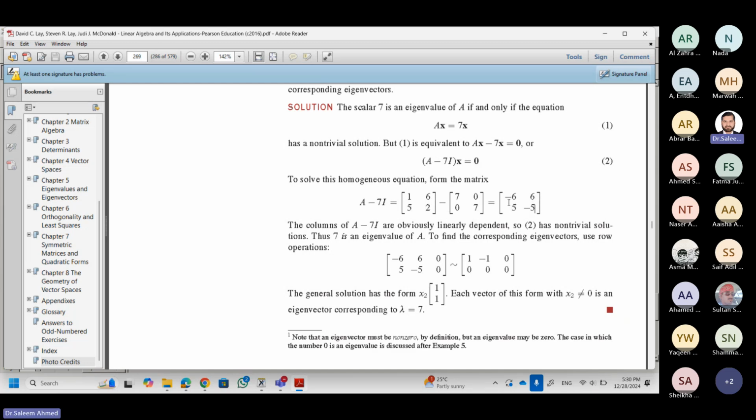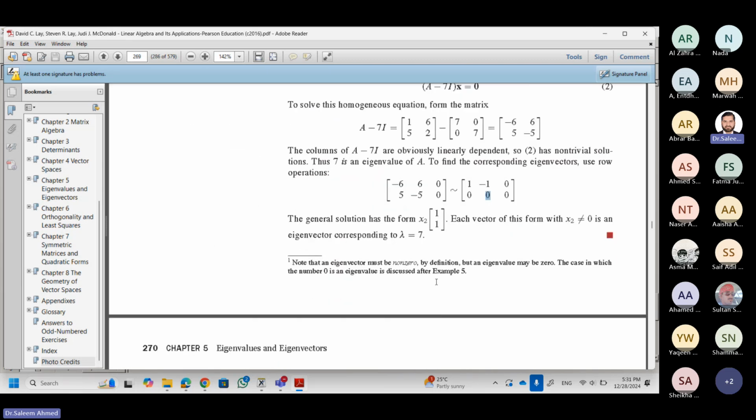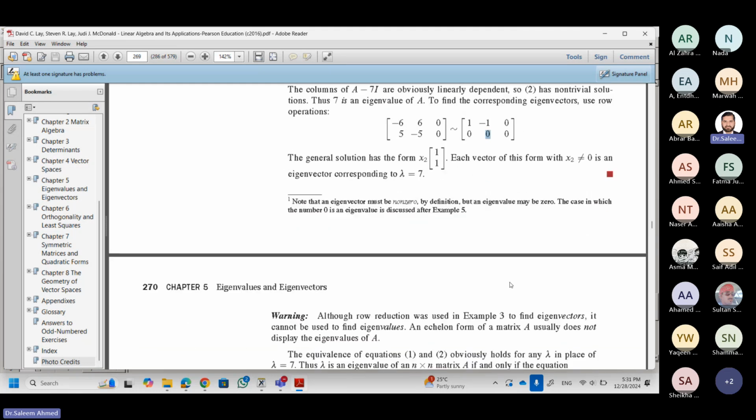Now if you make it reduced echelon form, you see 1 minus 1 and the second row becomes 0. Second definitely will become 0. And from here, you can write your vector. So 1 and 1 will become your eigenvector. So finding eigenvector is the same that you do later on in 5.2 as well.